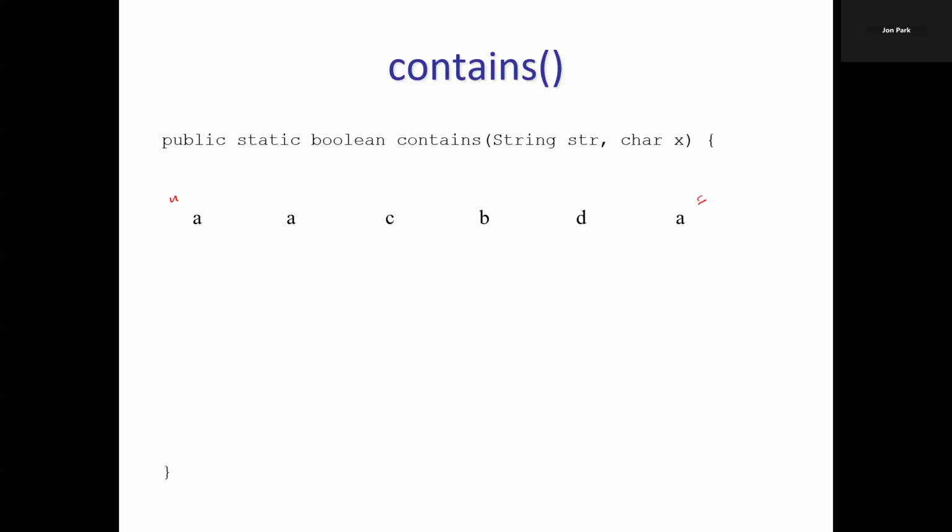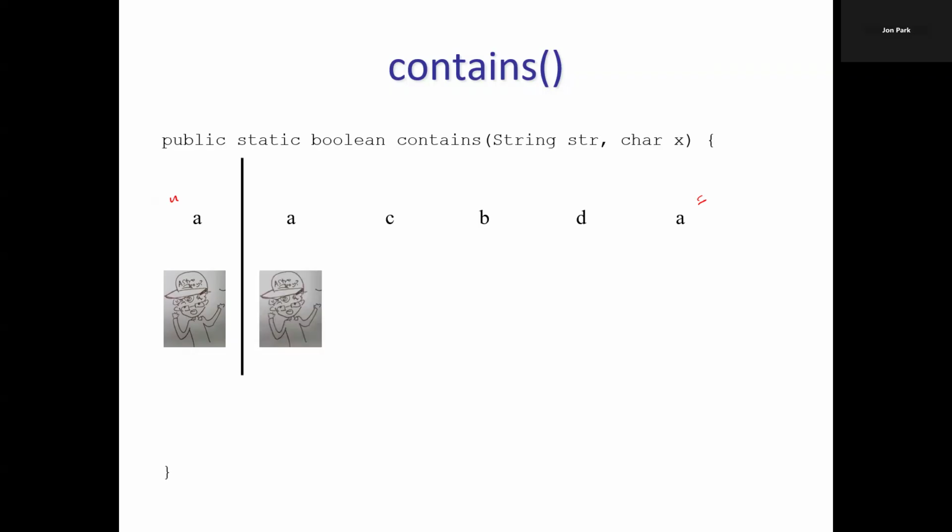I'm in charge of this, but I'm not going to check all the letters. I'm only going to check the current letter. And if there's no match, I'm going to have my clone check the rest. And then the clone thinks the same way. I'm just going to check the current letter. If it's not the letter I'm looking for, I'm going to have my clone check the remainder, and so on and so forth.